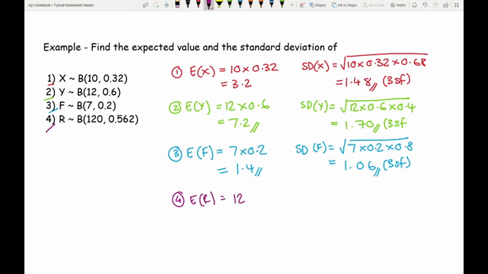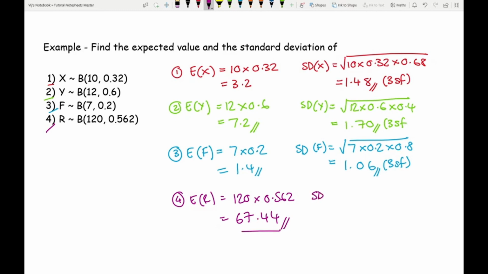And then finally, moving on to question 4, here we've got E of r, and that's going to be 120 times 0.562, which gives me an answer of 67.44. Now this I wouldn't round to 3 sig fig, even though generally you do, just because it's a terminating decimal, I'll just leave it as it is.